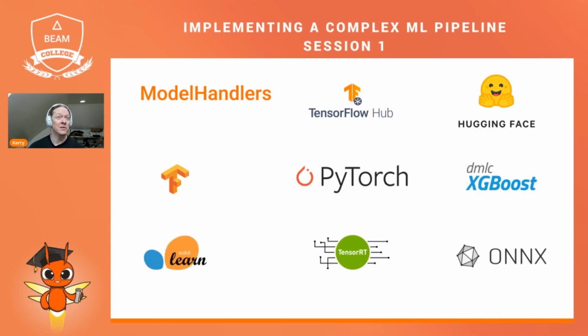We have model handlers already in the Apache Beam repository for a large number of different frameworks. We can pull models from TensorFlow Hub or Hugging Face directly. And we can also handle TensorFlow models, PyTorch, XGBoost, scikit-learn, TensorRT, and ONNX models.